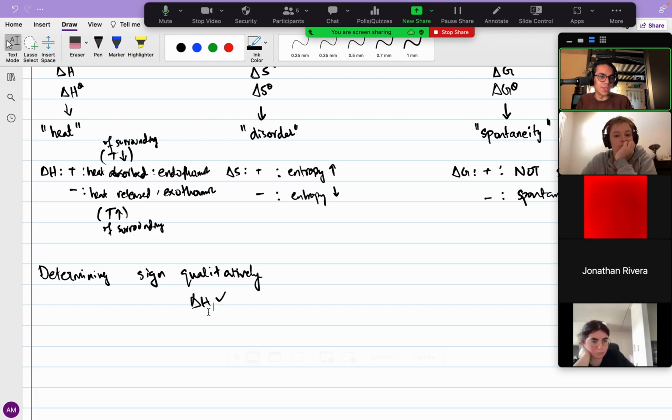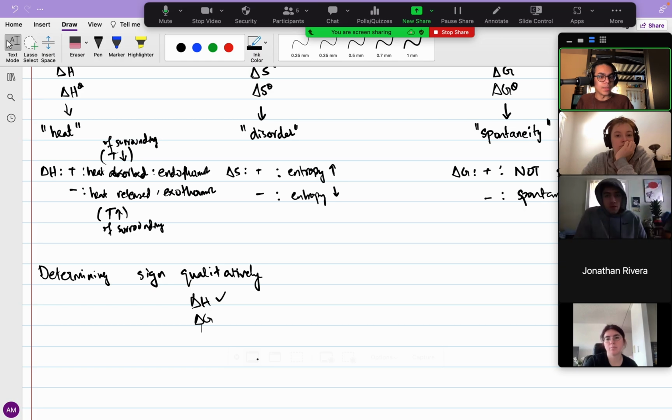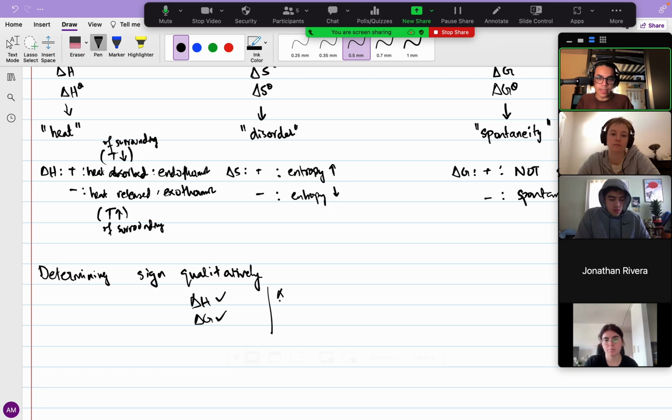You just see if heat was released or absorbed. You can feel it. You can use your thermometer to figure out what happens. Same thing with delta G. Delta G is pretty easy to figure out. For example, as a kid, you might have mixed vinegar and baking soda. It immediately starts to bubble. That's a spontaneous reaction. You don't need to do anything. So delta G is pretty easy to figure out the sign of. The tricky one is delta S, and that's what we'll talk about.